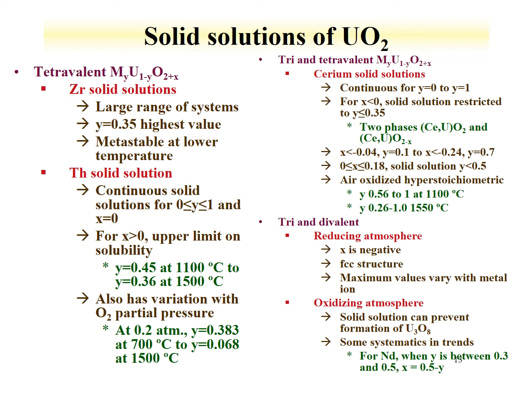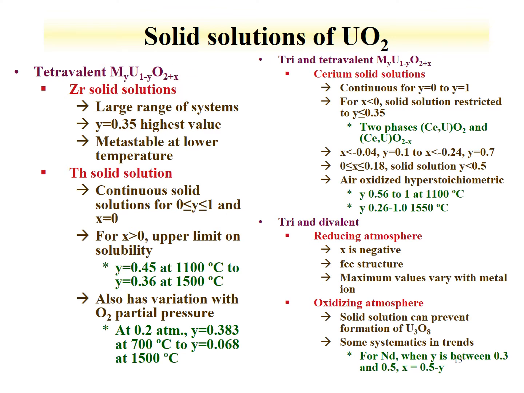If I were to exceed where Y is 0.35, an atomic ratio of 35% by atom uranium, and added more so that this value was larger, we'd get two phases forming, one the separate phase of the compound and one the solid solution.